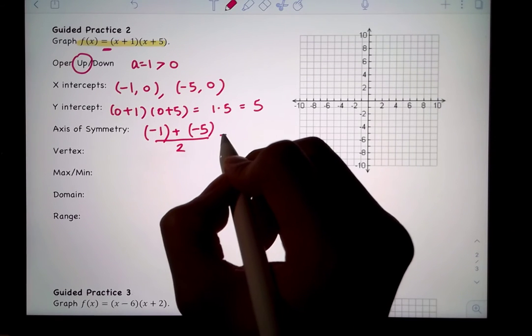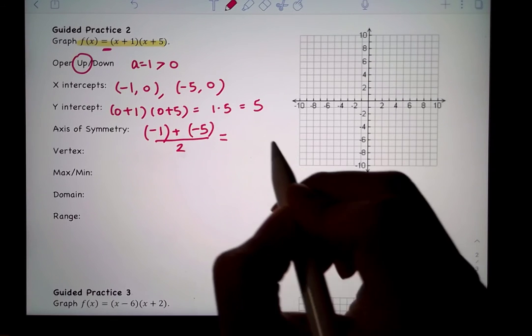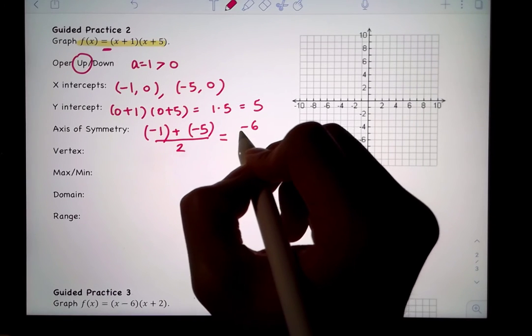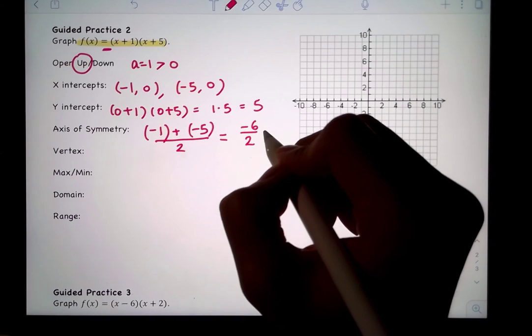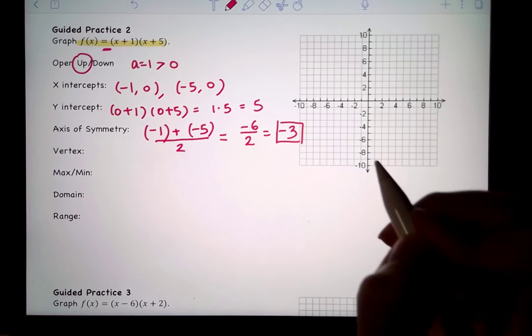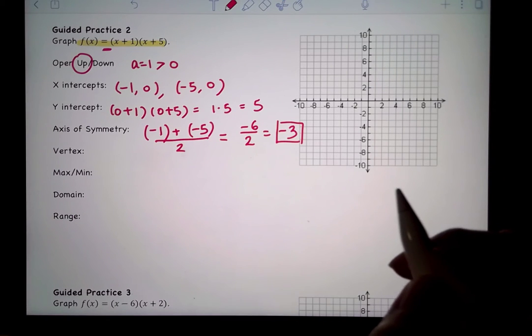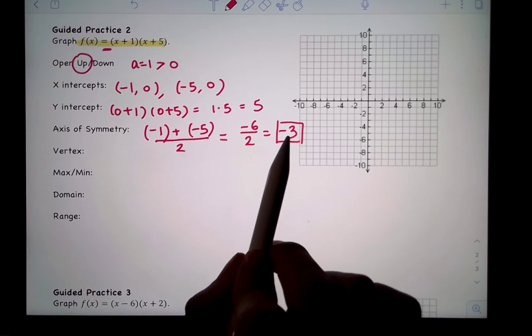Then what's -1 plus -5? -6 over 2. That is -3. So this is my y-intercept. Oh, no. I mean, axis of symmetry. I'm sorry. That's my axis of symmetry.